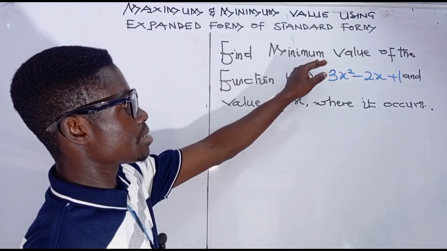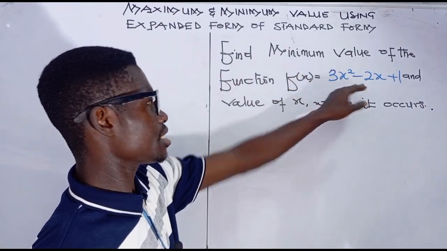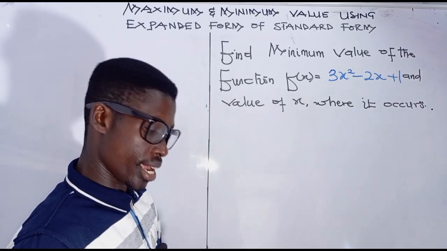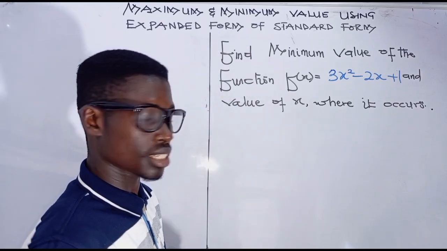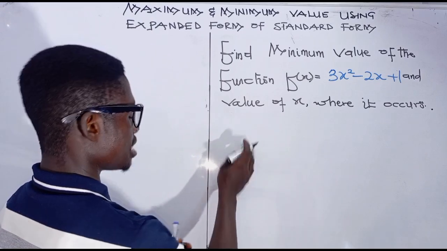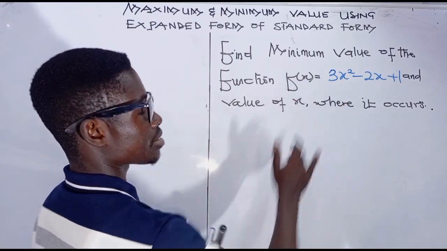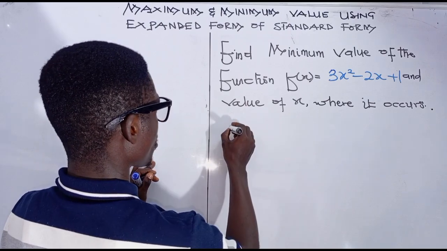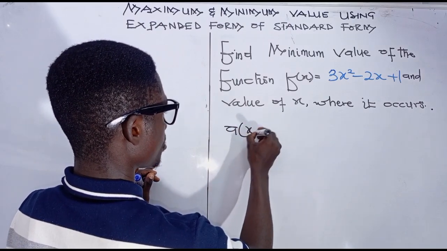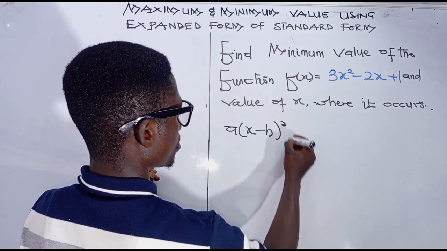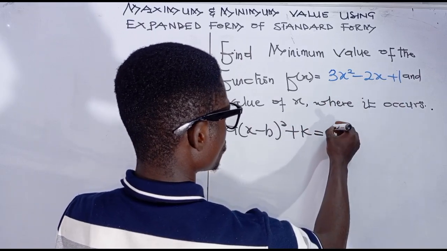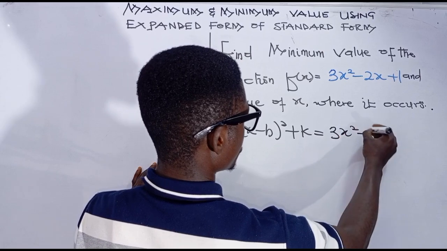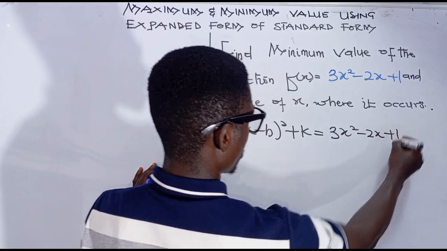So we want to find the minimum value of this function and the value of x where it occurs using the expanded form of the standard form. So we are going to create the standard form of this quadratic function. We are going to equate it to 3x squared minus 2x plus 1.